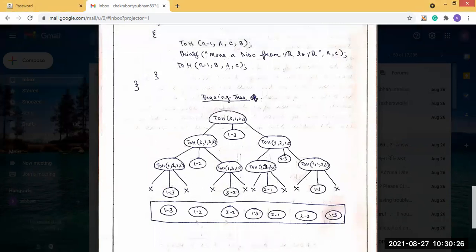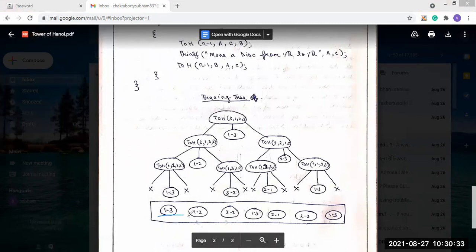Now whatever values we get: from 1 to 3, then 1 to 2, then from 3 to 2, and then 1 to 3, then 2 to 1, then from 2 to 3, and from 1 to 3.